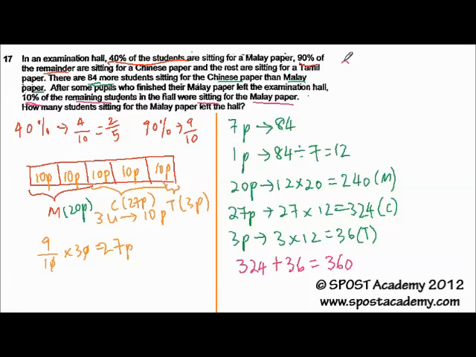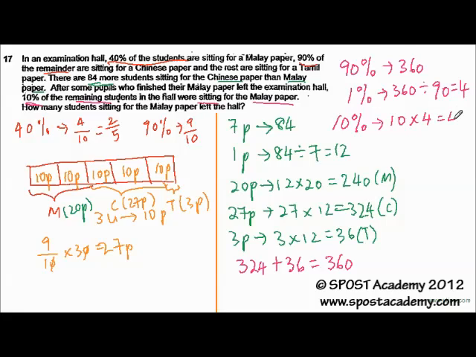So we know from here that 90% is 360. So 1% would be 360 divided by 90, and we will get 4. So for 10%, we use 10 times 4, that gives us 40.